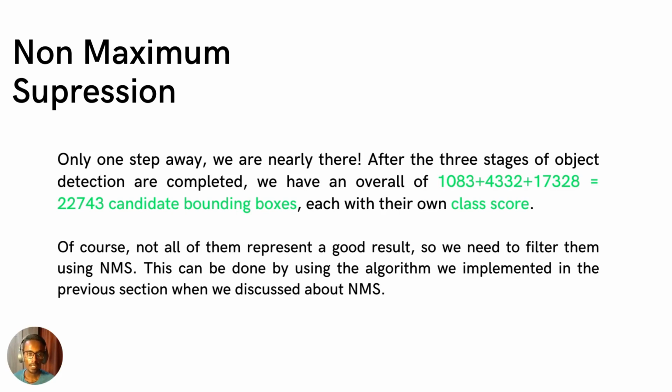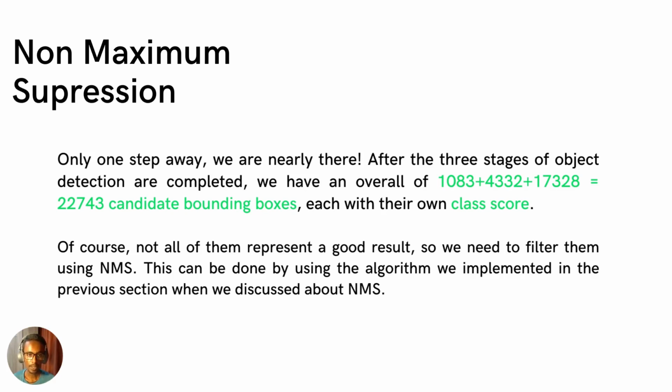So in the entire YOLOv3 network, we're going to predict 22,743 candidate bounding boxes, each with their own class score. And we have seen how to compute the class score in a previous slide.